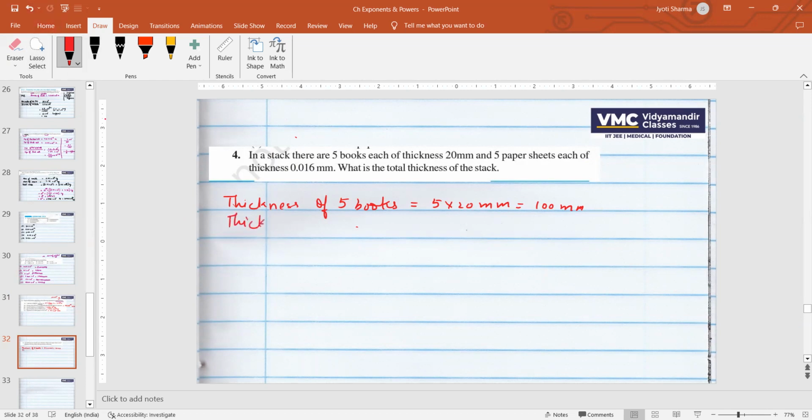Thickness of 5 paper sheets, 5 into 0.016 mm. I have to put 3 decimal places.